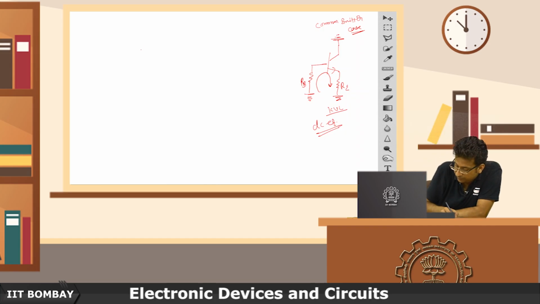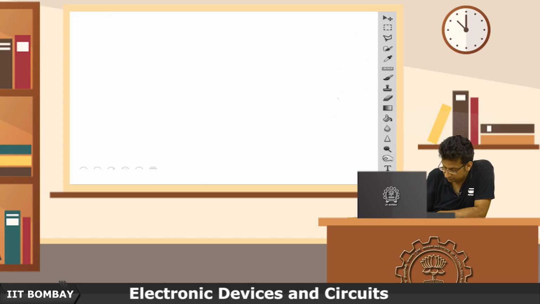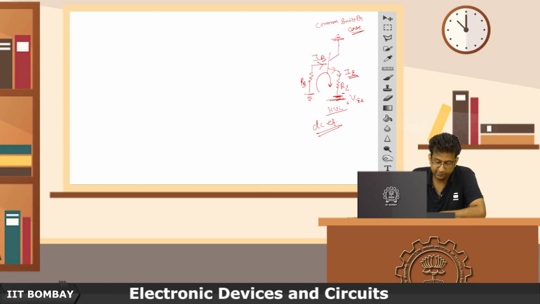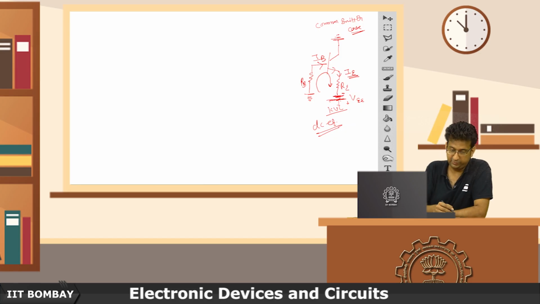Let's say this is my IB and this is my IE. Very straightforward, nothing to worry about. Sorry, this is VE, so this is a minus sign. The interesting thing to keep in mind is that this is minus VE, not just the ground. I made a mistake there.